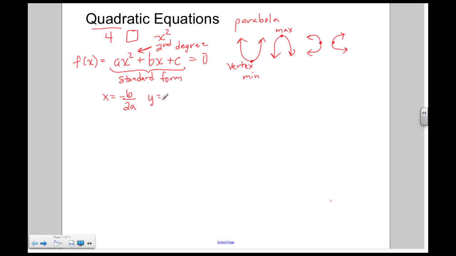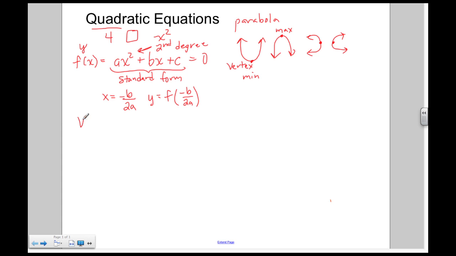Once you've evaluated that expression, if you take that value and put it back into the original equation, that will give you the y value for the vertex. I didn't say this earlier, but we should know that when you see f of x, that also means y.